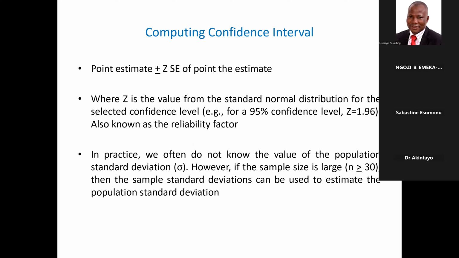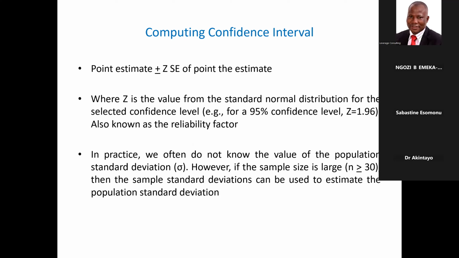You are 95% sure that the value we have calculated with the sample, for the population, will be between these two values, the lower and upper limit, and you are 95% confident.